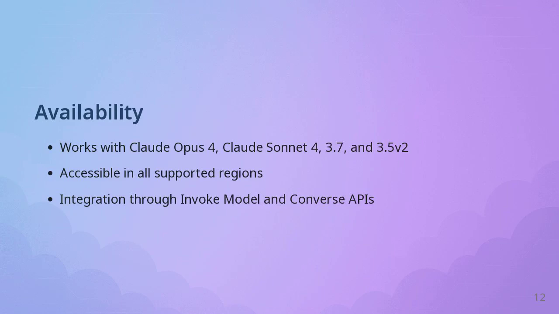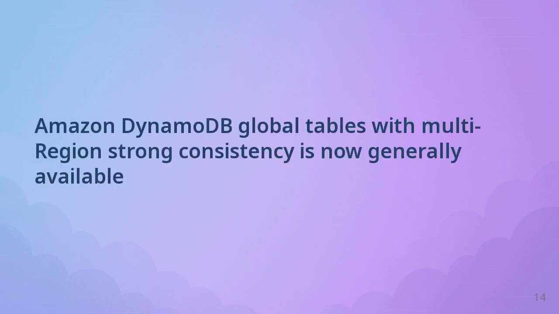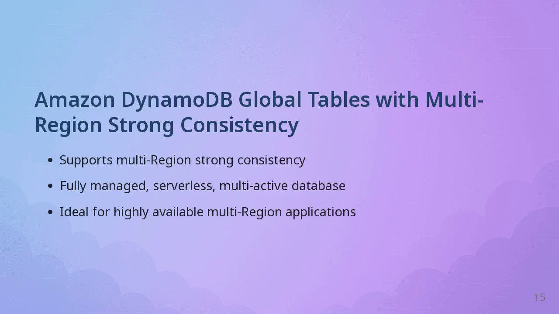The Citations API and PDF support are available for specific Claude models and can be accessed through Amazon Bedrock's APIs, ensuring seamless integration into existing workflows. For more information on these new features and how they can enhance your AI applications, refer to the API documentation for detailed implementation guidelines.